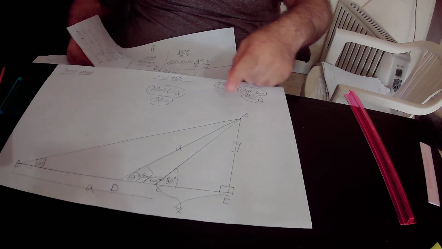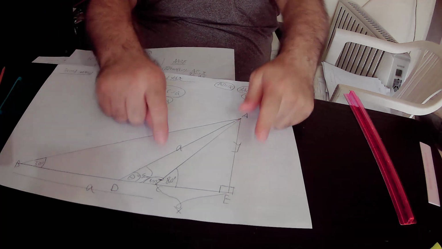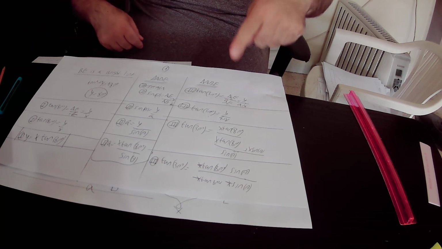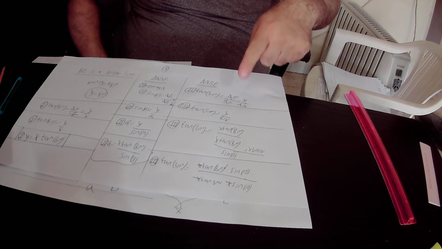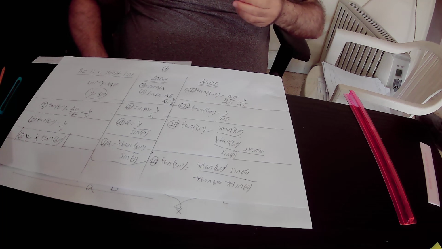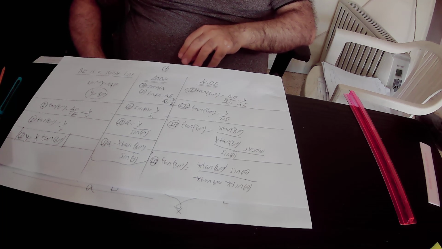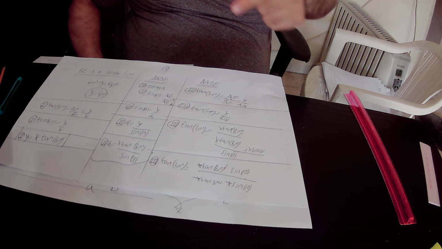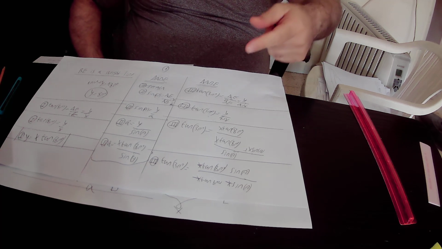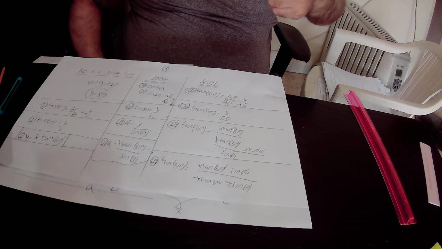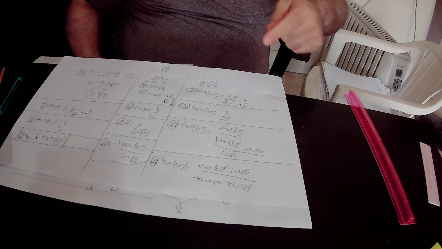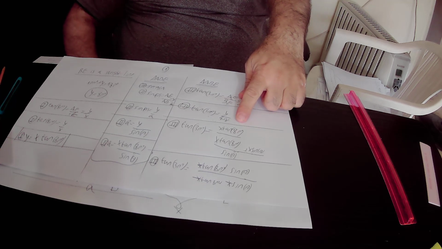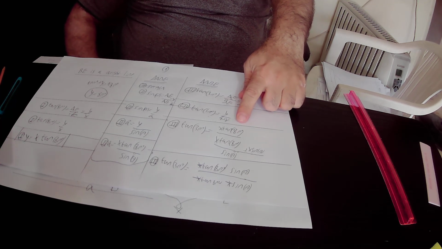AE equals Y, BE equals A plus X. In conclusion, tangent 30 degrees equals Y over A plus X. Here we substituted Y by its value according to equation number 1, and we substituted A by its value according to equation number 2, and we got that tangent 30 degrees equals Y, that is X times tangent 80 degrees, over A plus X.